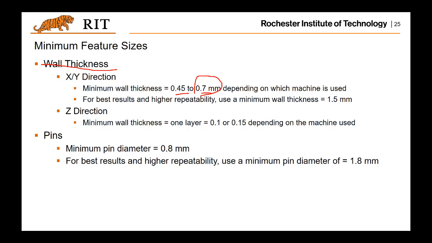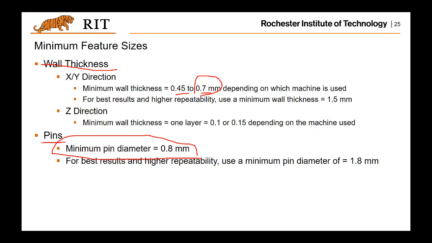So other than the wall, there could be some features like pins, right? And the minimal pin diameter is 0.8 millimeter. And again, this usually cannot be used. And you always want to have a more conservative setup when you use these machines.